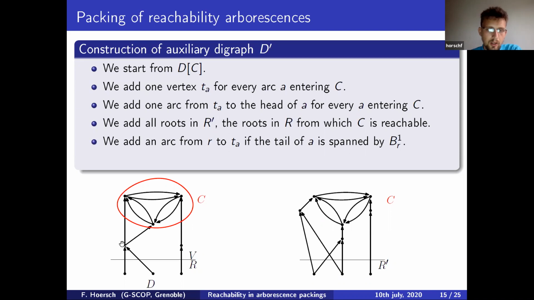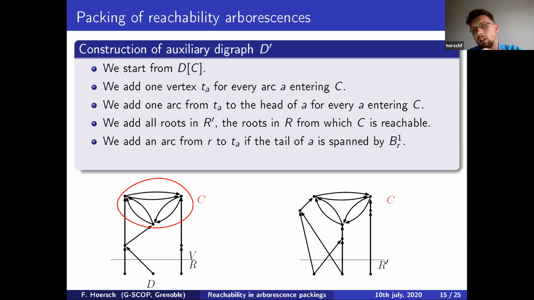So for example, say this arc here, its tail is that vertex. And this vertex is reachable from these two roots. Therefore, this is the artificial vertex that corresponds to that arc. And I will make an arc from the two corresponding roots here. Now, what I'm actually searching for right now is an arborescence packing in that new digraph here that spans all the vertices in C. That's what I need to merge.